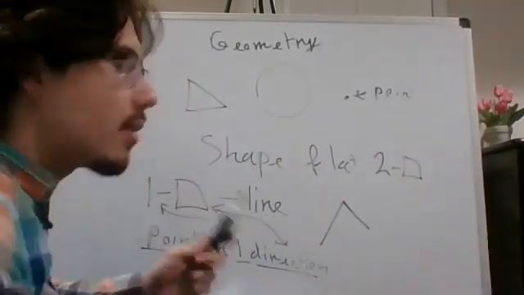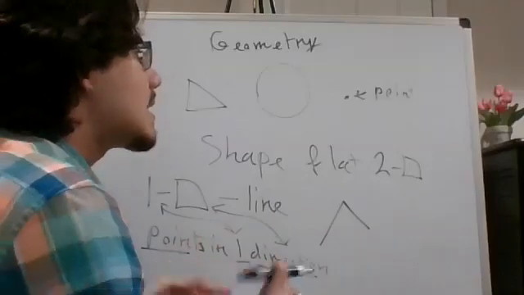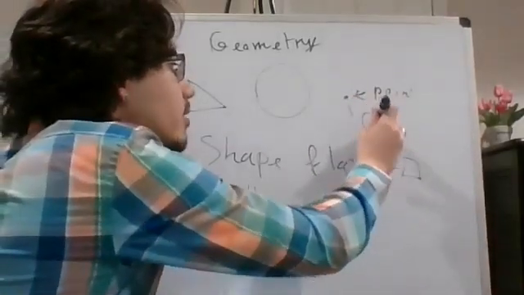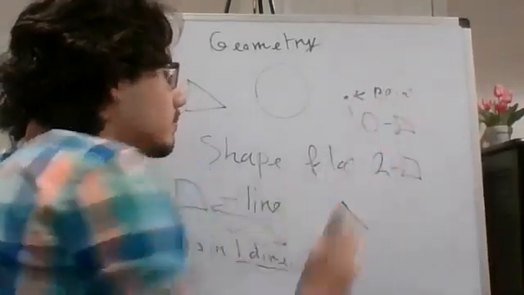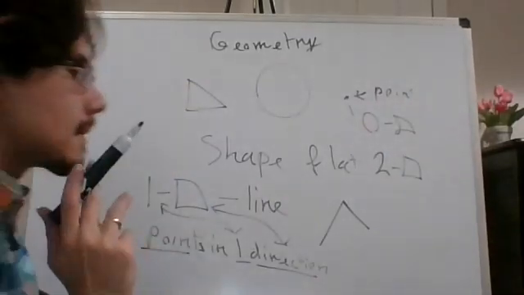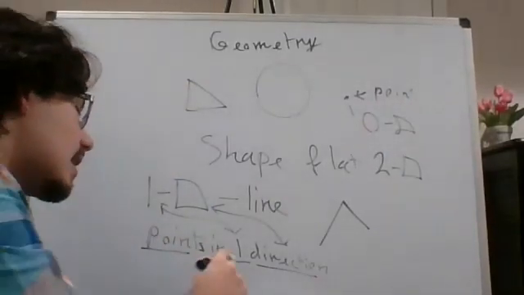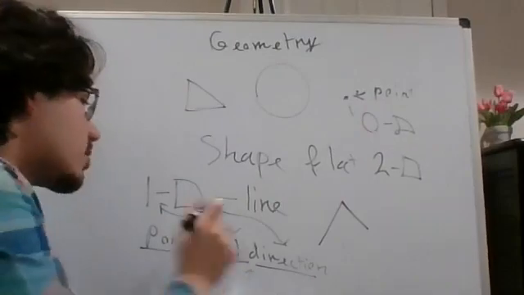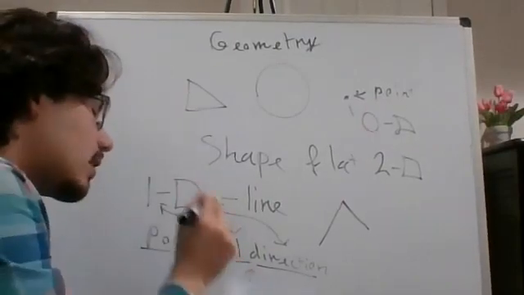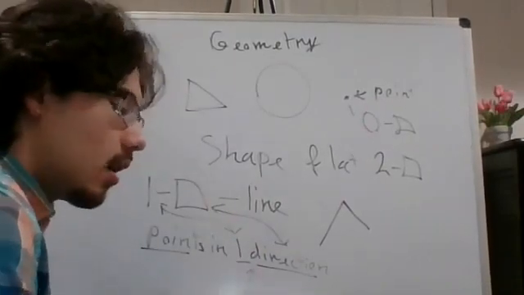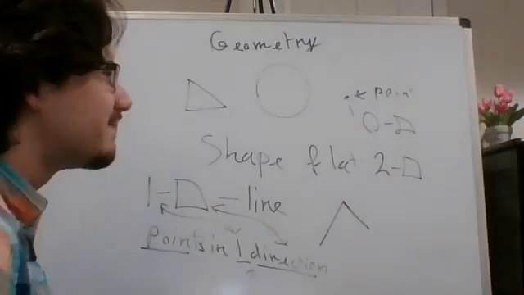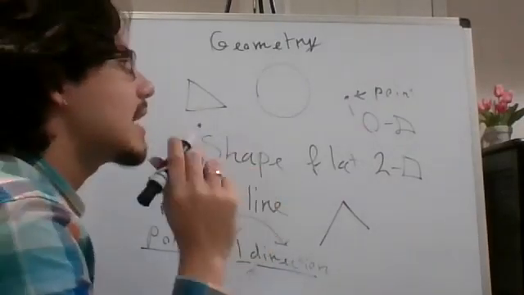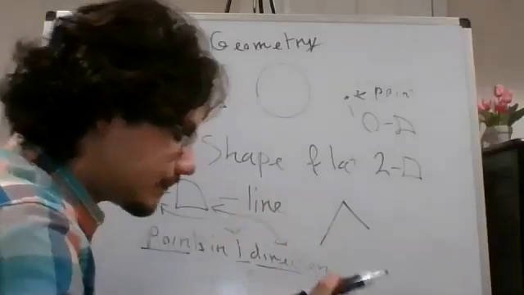You don't need to worry about it right now, but a point is actually zero-dimensional. The reason why is because if we see our definition, one direction, the D refers to dimension, or in other words, direction. A point doesn't have direction.